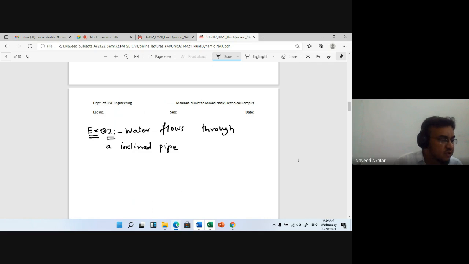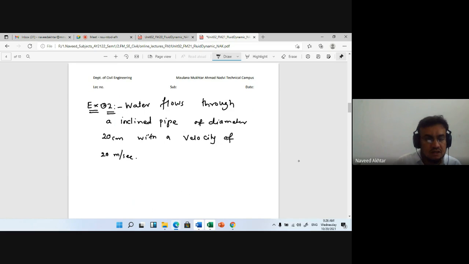Water flows through an inclined pipe of diameter 20 centimeter with a velocity of 20 meter per second.